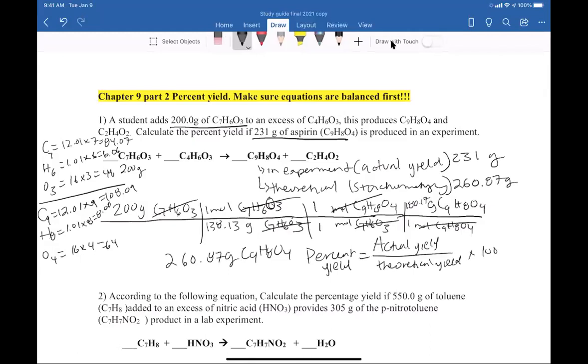Okay. So what you're doing here is we need to know. So we have 231 at the top. Then we have 260.87 at the bottom, times 100. I got 88.5%.